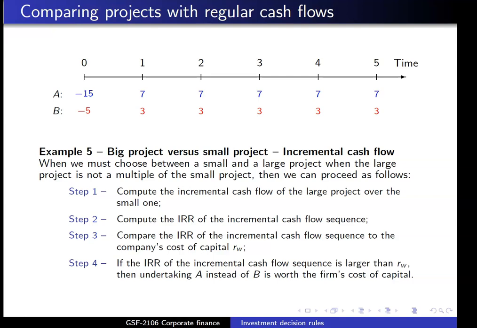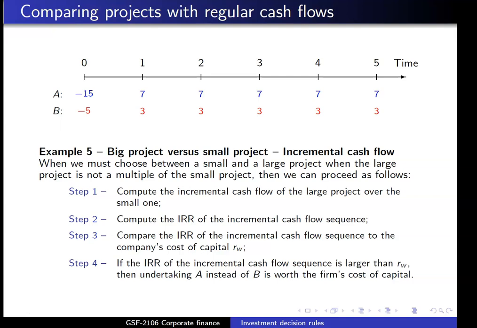So step one, we need to look at how much more costly it is to start A than B, and how much more in cash flow A brings me compared to B. Once we have this, we compute the internal rate of return of this incremental project, of the sequence of incremental cash flows.